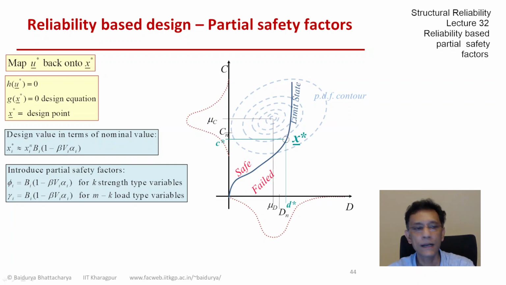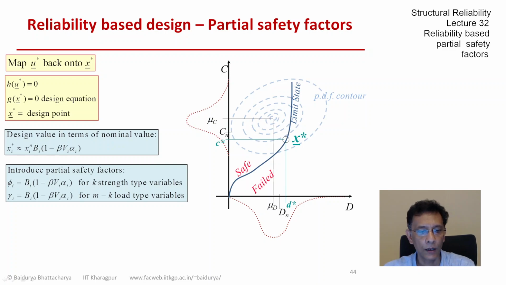This is not exactly the same way that these are named in different codes, for example, when we described EN 1990, the structural Eurocodes, it was gamma all through, but here it's better to give different names to strength type and load types. So that's why we have brought in phi and gamma for the two different types of partial safety factors. But in principle, they are the same.